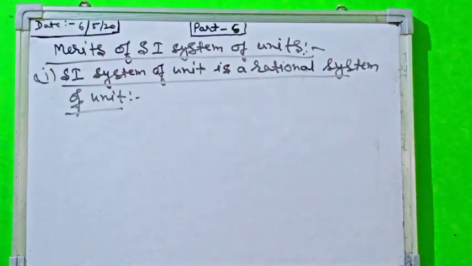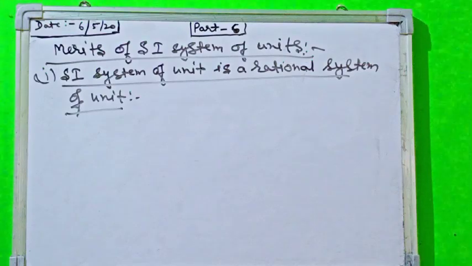What is the meaning of saying that the SI system of unit is a rational system of unit? Rational system of unit means to say that the unit which is adopted is common to all.